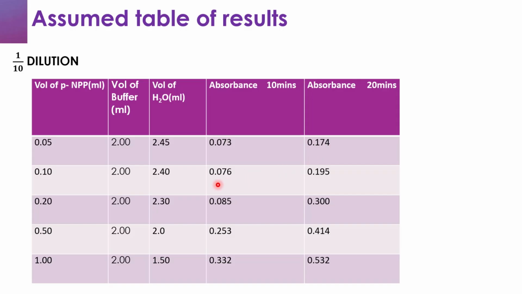For the second test tube it is 0.076, and at 20 minutes 0.195. For the third tube it is 0.085 for 10 minutes, and at 20 minutes 0.3. At 10 minutes the absorbance value for the fourth test tube is 0.253, and at 20 minutes 0.414. For the last test tube at 10 minutes we have 0.332, and at 20 minutes we have 0.532.